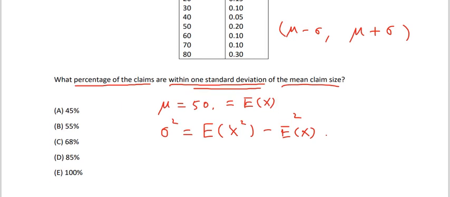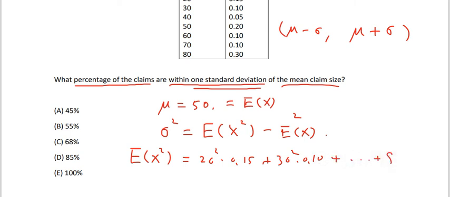So E[x squared] equals 20 squared times the probability, plus 30 squared times the probability, and so on until 80 squared times the probability.